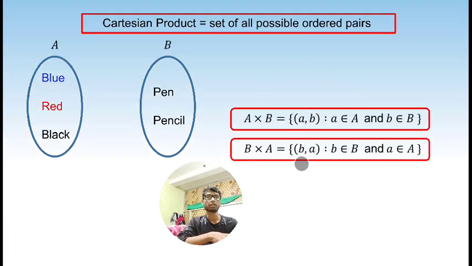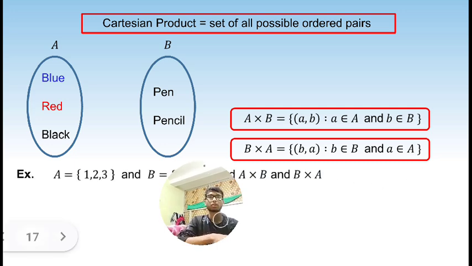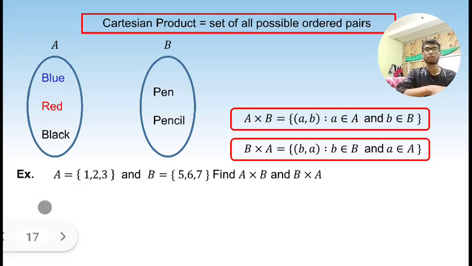B multiply A. Here we are saying b should belong to set B and a should belong to set A. Here as you can see, we have these sets, 1 2 3 and 5 6 7. Now what will be the Cartesian product of these sets?